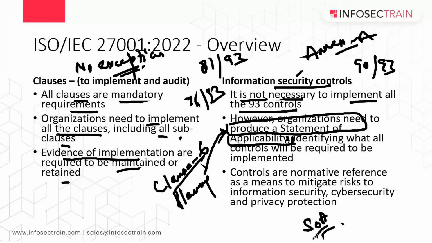The statement of applicability document will identify what all controls will be required to be implemented as part of the risk treatment in that organization. So, all these controls are a normative reference as a means to mitigate the risks of information security, cyber security, and privacy protection.